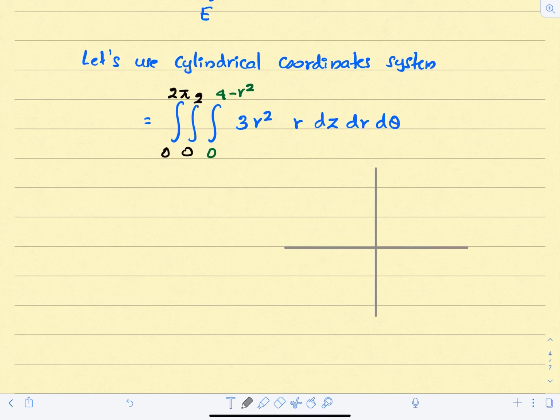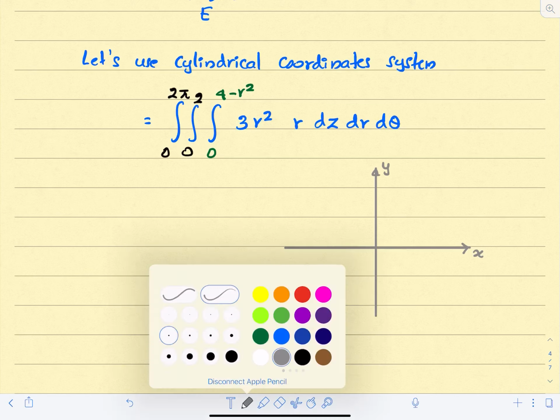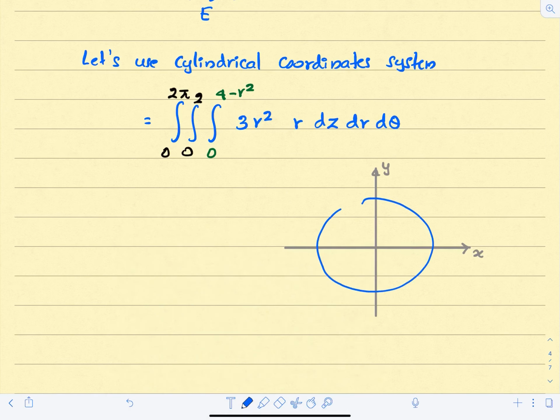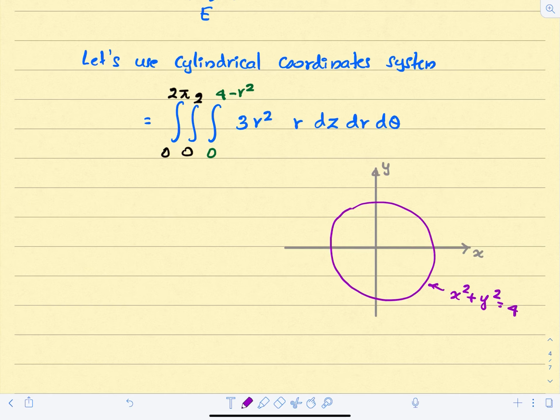Let me draw the domain on the xy plane. So that's the circle x squared plus y squared equals 4.